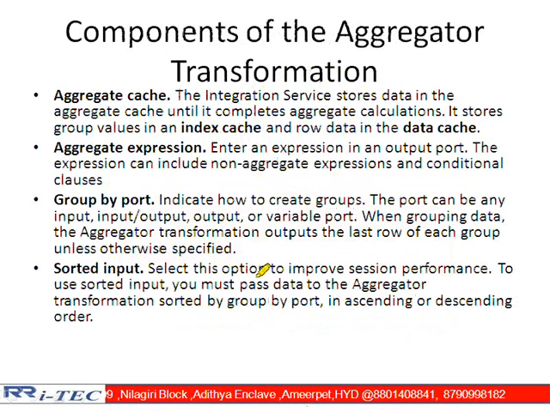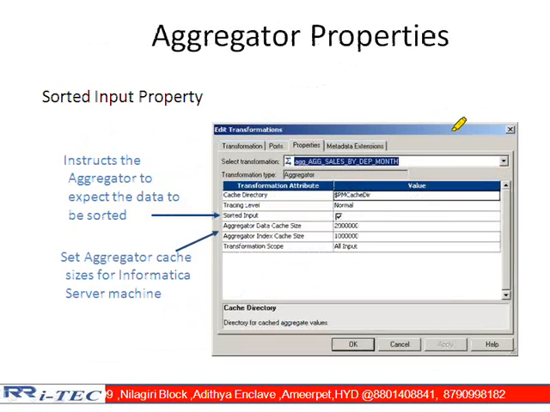Next one is, what is the meaning of aggregator cache? I said cache is available, right? The integration service stores data in the aggregator cache until it completes the aggregate calculations. It stores group values in an index cache and row data in a data cache. Here I have two types of caches available, right?